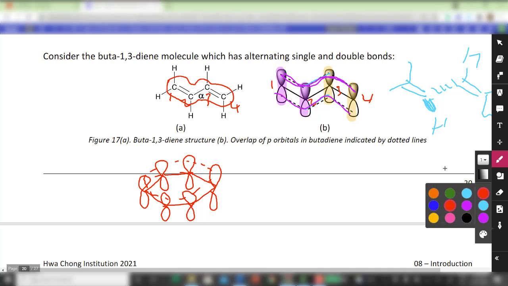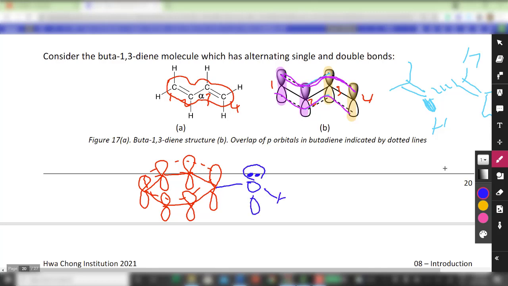Now if an OH is bonded to a benzene ring, something interesting will happen, because one of the lone pairs on the OH will be parallel to the pi electron cloud in the benzene. So this lone pair can overlap partially with the pi electron cloud.